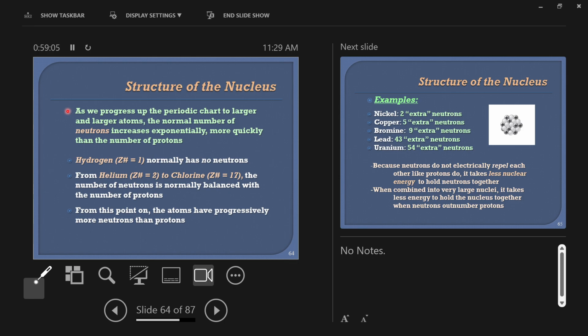As we go up the periodic table to larger and larger atoms, we're of course going to be gaining protons, but we also gain neutrons, and it's not a one-to-one relationship. As we go up to bigger and bigger atoms, atoms gain lots more neutrons. So the biggest atoms have way more neutrons than they have protons.